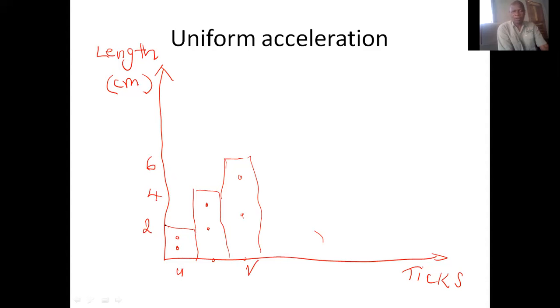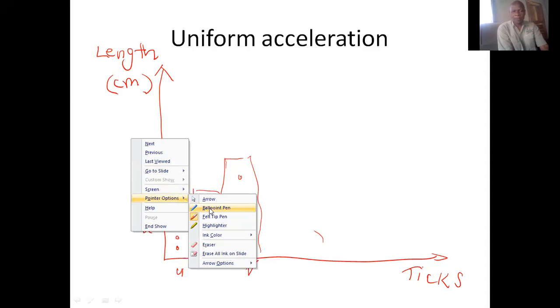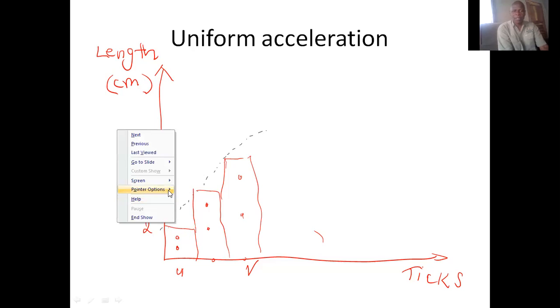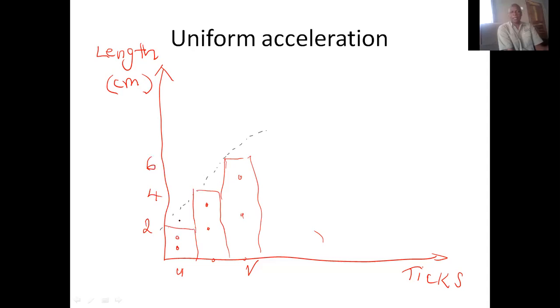So we notice that this object was moving with uniform acceleration, because this is a straight line in that direction. So this represents, using a graph, a body which is accelerating uniformly using a ticker tape timer.